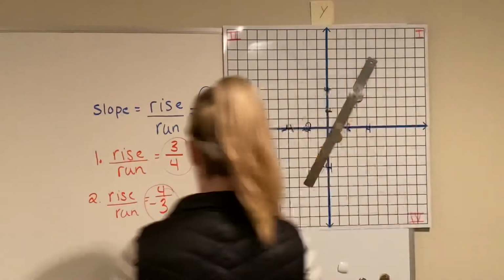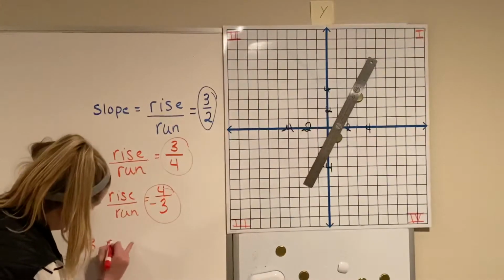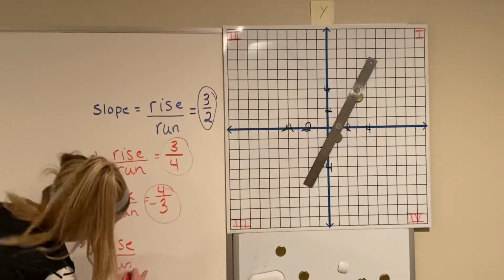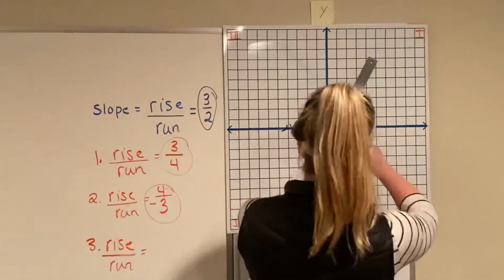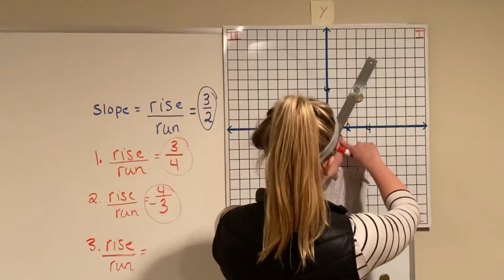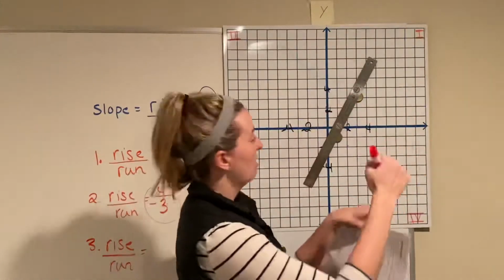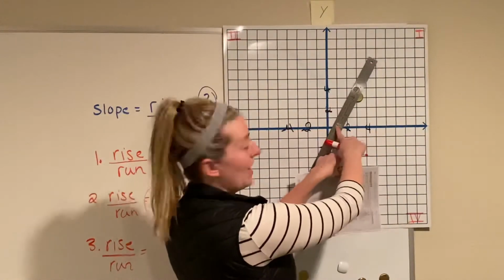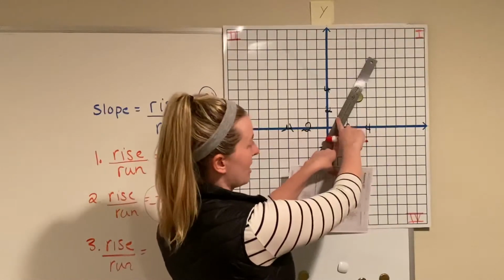And there's our ruler. So for number 3, again, what's our rise? So what's our vertical change? Over our run, what's our horizontal change? So if we started here at -1, how many units do we have to go up? And it's simple, just count them out. So from -1 to 0, can't see it because the ruler's blocking it, but that's 1. From 0 to 1, that's 2, ruler's still kind of blocking it.